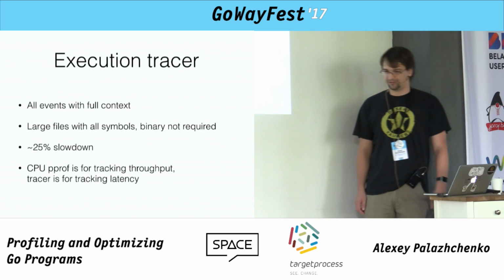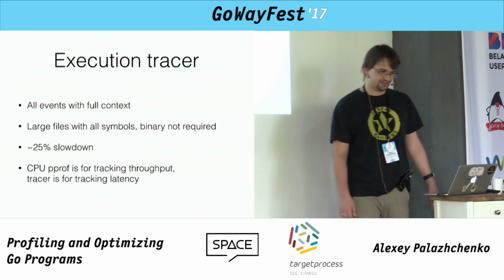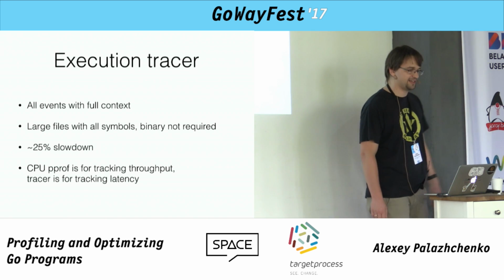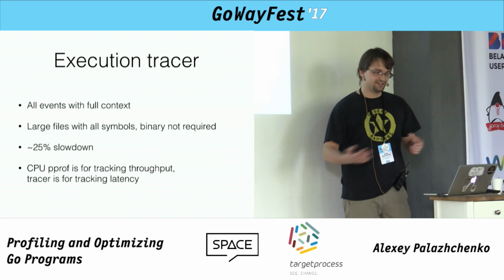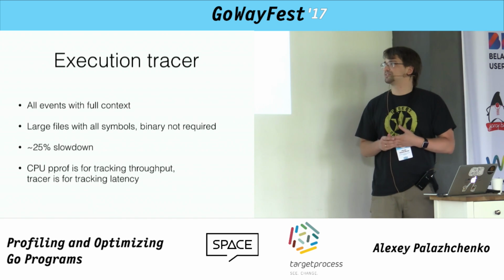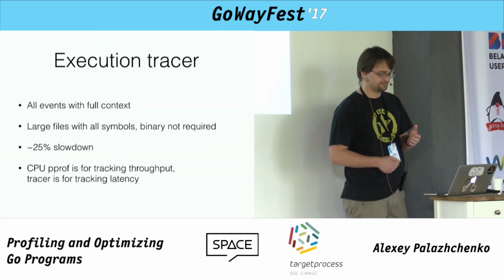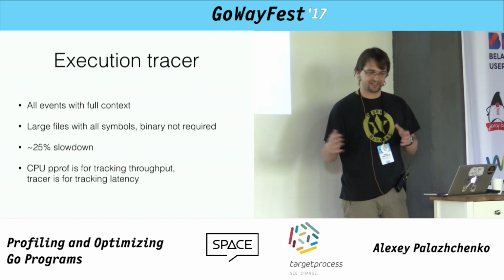What's important here is that all the events are recorded, and that file will be quite big. It's not very easy to work with it. As Ivan mentioned, your browser just hung when you try to open the whole tracer output. Some recent Go versions started to actually split this big file into 2 second intervals.